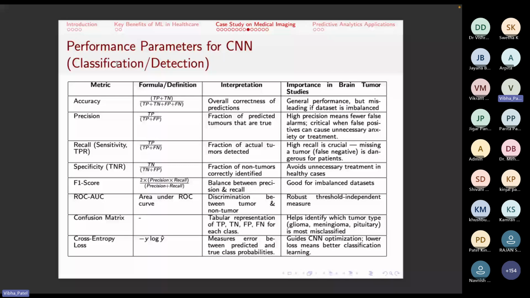But still, for this example, I'll illustrate the significance of each and every component.